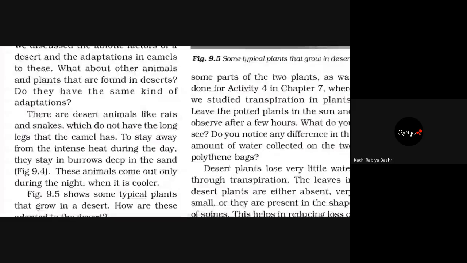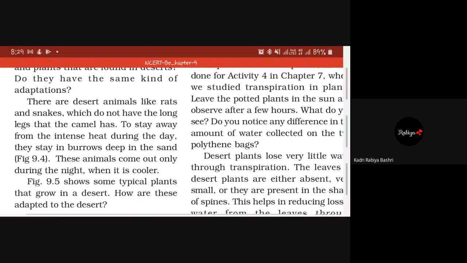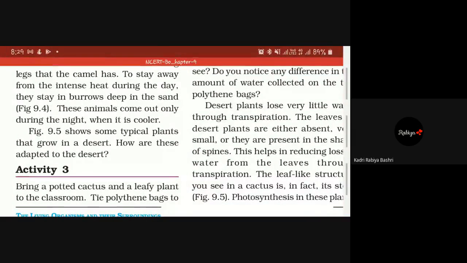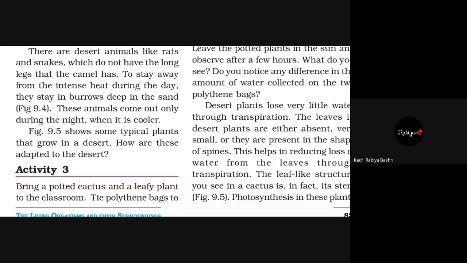There are desert animals like rats and snakes, which do not have the long legs that the camel has. To stay away from the intense heat during the day, they stay in burrows deep in the sand. These animals come out only during the night when it is cooler. Figure 9.5 shows some typical plants that grow in a desert. How are these adapted to the desert?